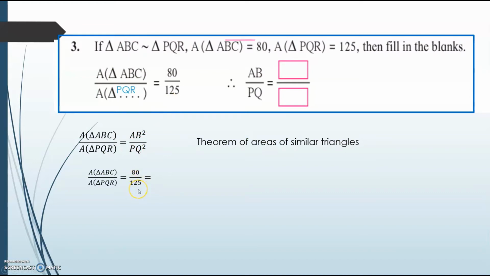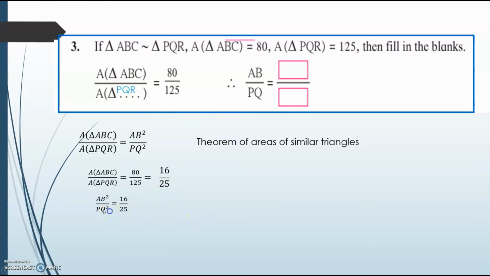It goes in the table of 5, so we will have it as 16 upon 25. That means AB square upon PQ square is equal to 16 upon 25.